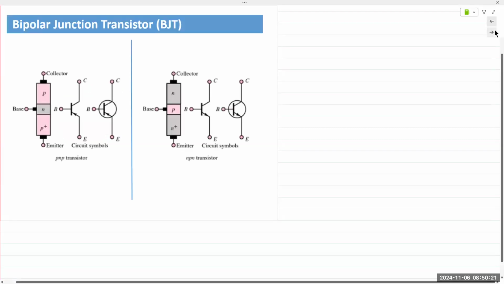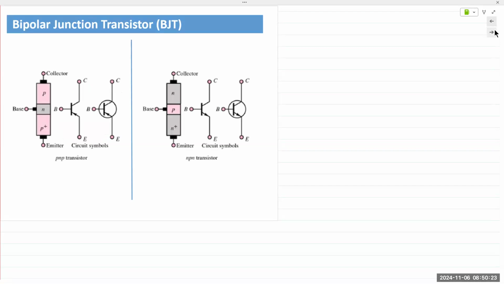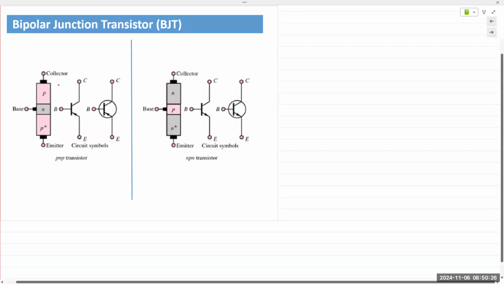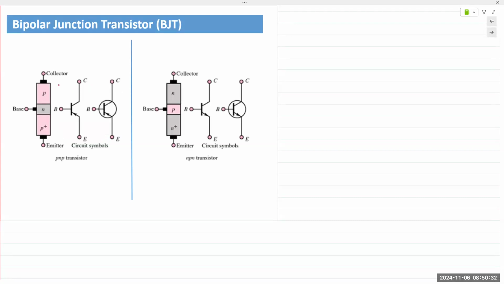Simply put, BJTs are 2 back-to-back diodes. Okay, you have 2 PN junctions connected back to back. If you have a PN and an NP junction connected, you have a PNP transistor. If you have an NP and PN junction, then it's an NPN transistor. Okay, so you have 2 kinds of BJTs, NPN as well as PNP. NPN transistors are the most common.